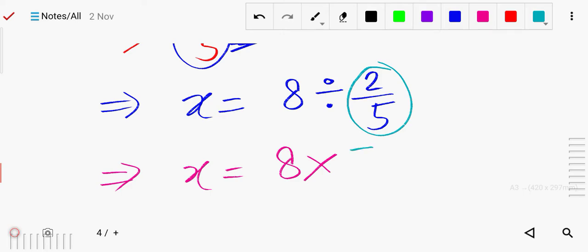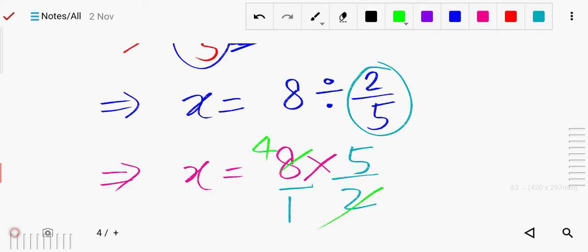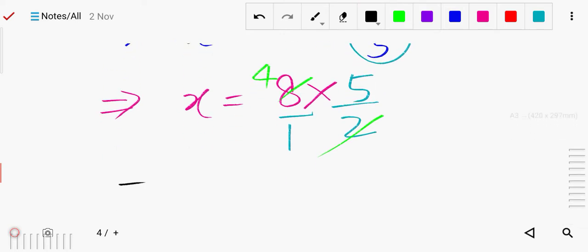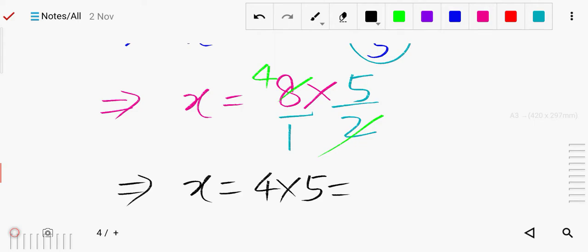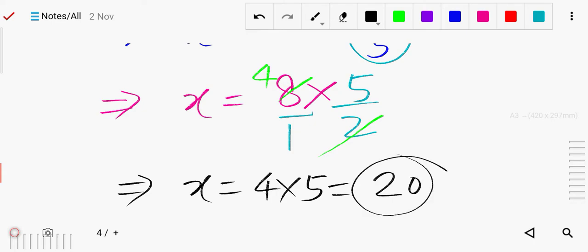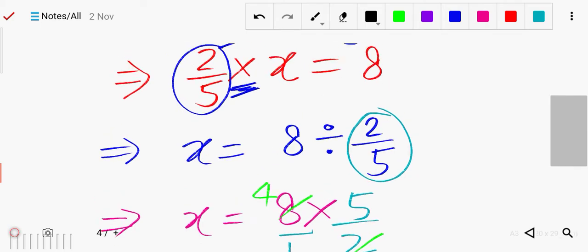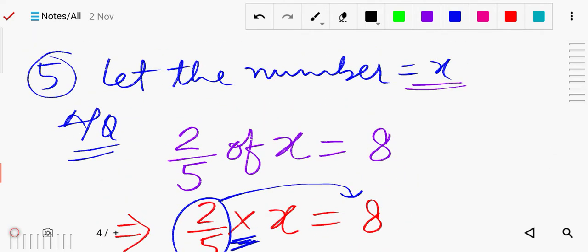So here 5/2. Now 2 fours are 8, so we can write x equals 4 into 5. So 4 into 5 is 20. So our answer is 20. Understood?